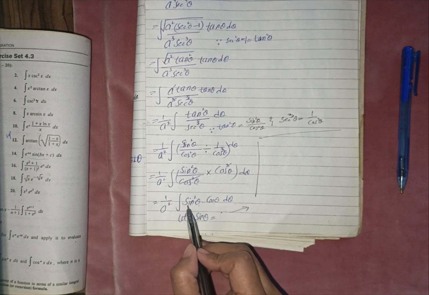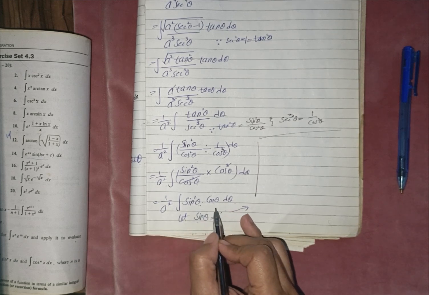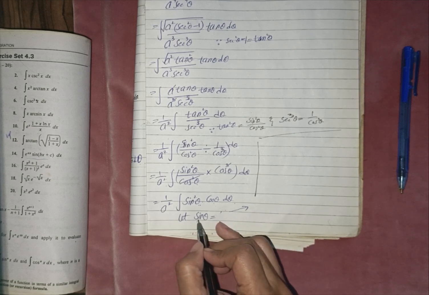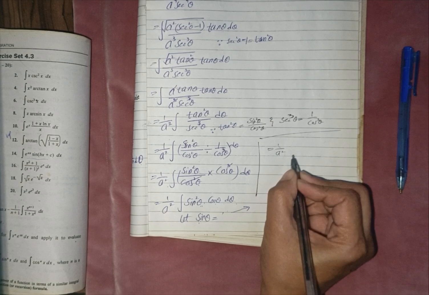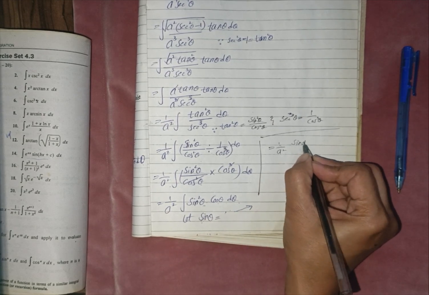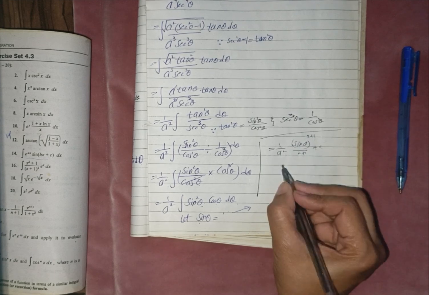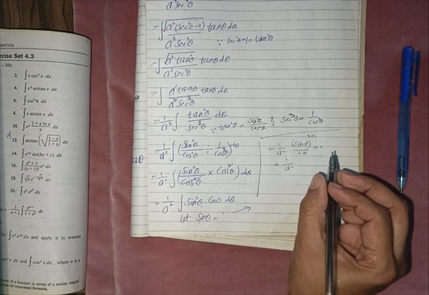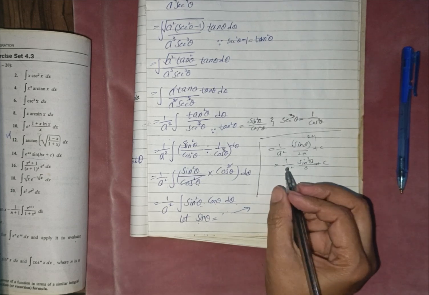If we have the derivative of a function in the product, we use the power rule, and it becomes 1 upon a square, sine theta raised to the power 2 plus 1 upon 2 plus 1, plus c, which is equal to 1 over a square, sine cube theta upon 3, plus c.